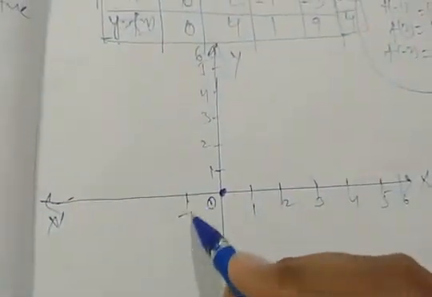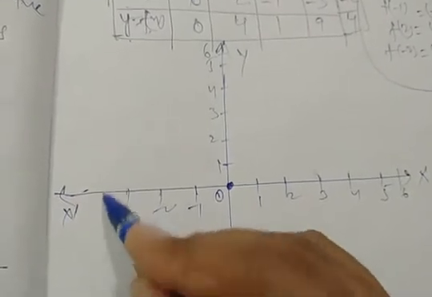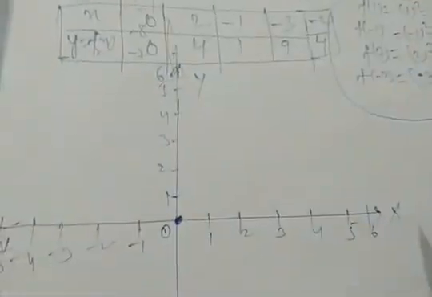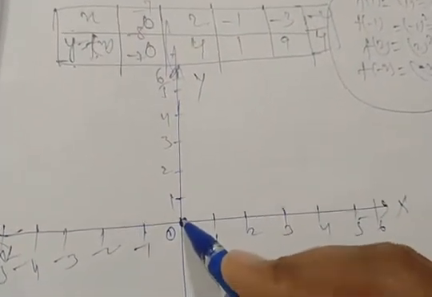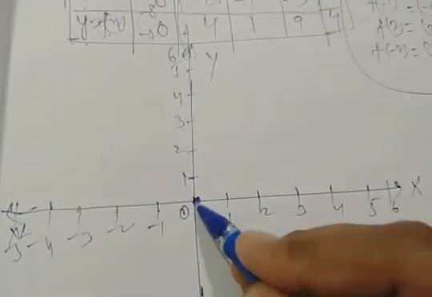Here the -1 -2 -3 -4 -5 -6, here -7, here -8, here -9, in that way. So if we put x is equal to 0, then we get y is equal to 0 at that point.